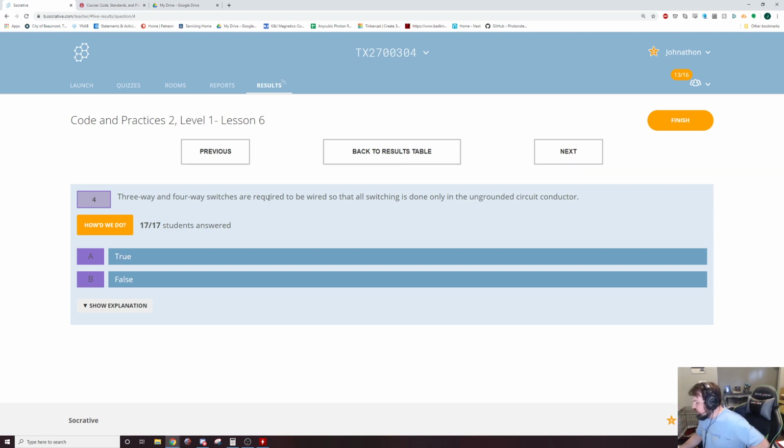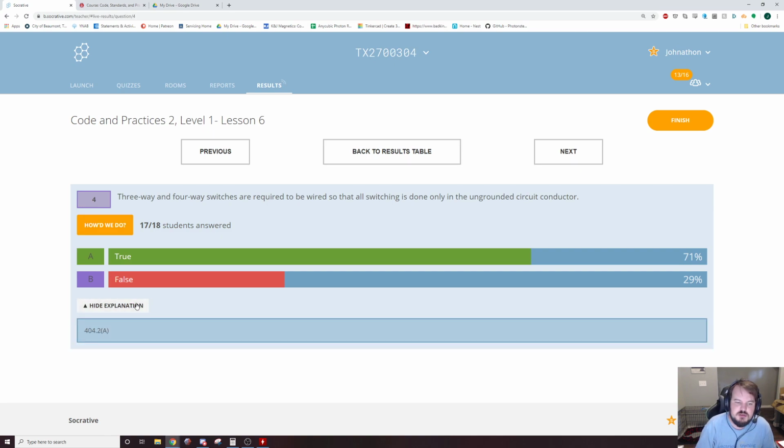Okay, 404.2a. It's like the second paragraph of the switches section, titled 3 and 4-way switches. It says 3 and 4-way switches shall be wired so that all switching is done only on the ungrounded conductor. So that's true. 404.2a.